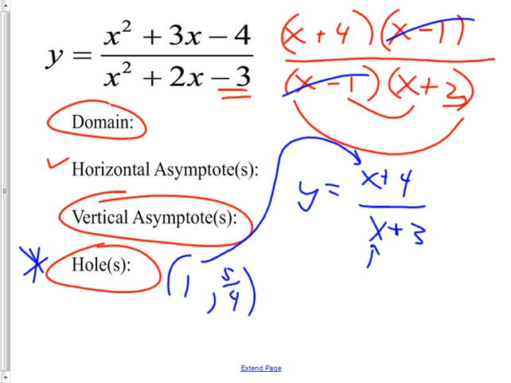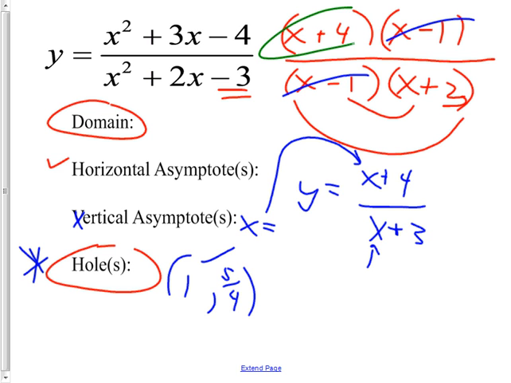Okay, next thing is the verticals. The vertical asymptotes, those are the x things. Try to picture this V making kind of like an x. Those are x equals things. And they are the x equals things that also crash the function that are not holes. Now, of these two, the 4 and the 3, which one actually makes the asymptote?